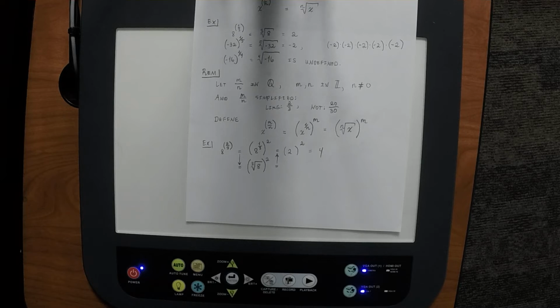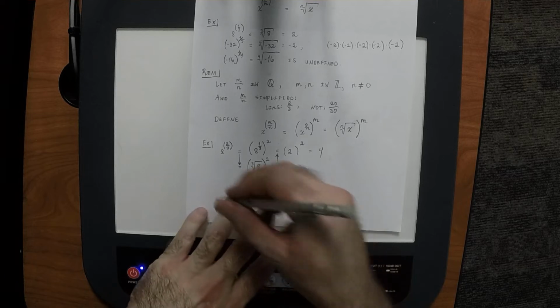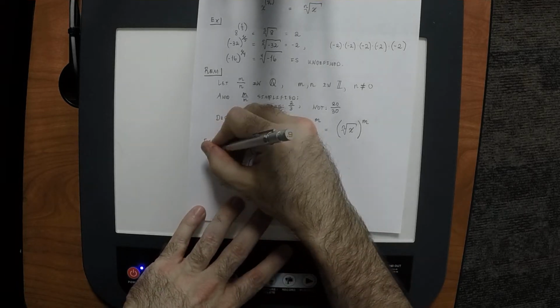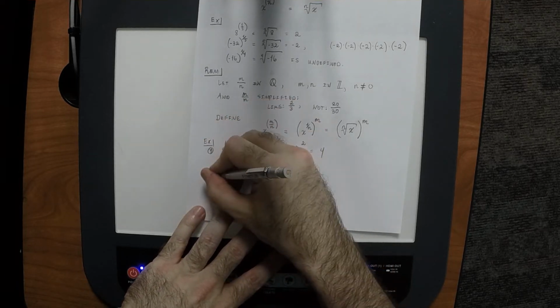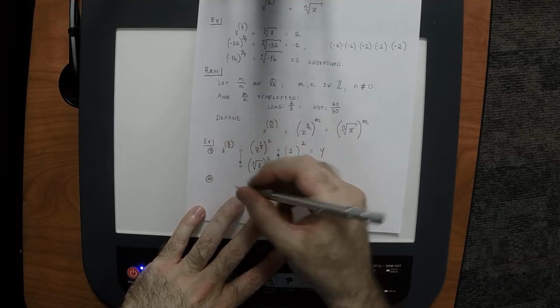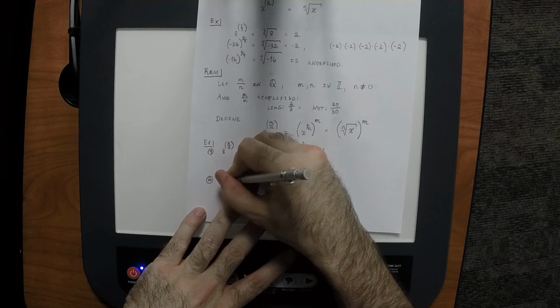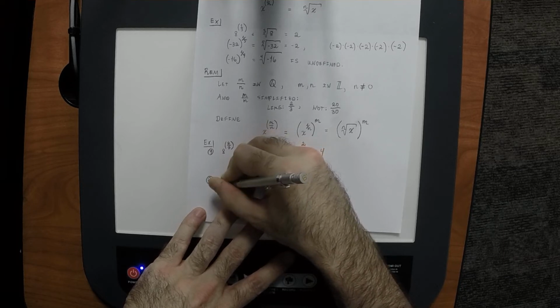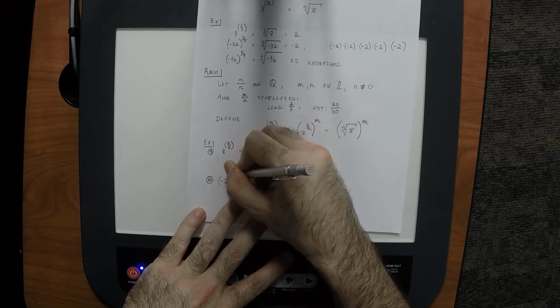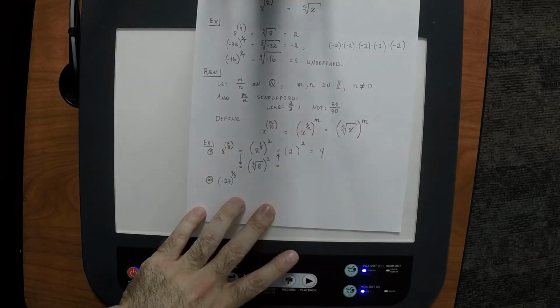All right. Fine. That's maybe example 1. Example 2, something like negative 27 to exponent 4/3.